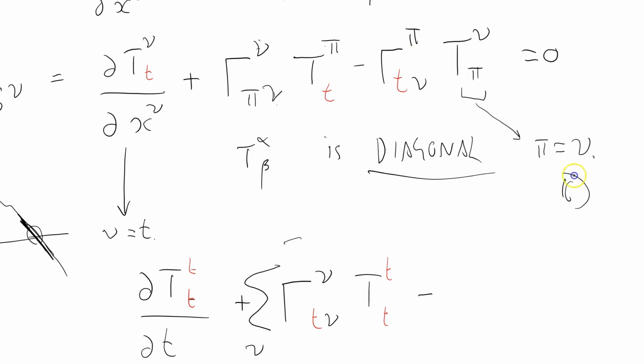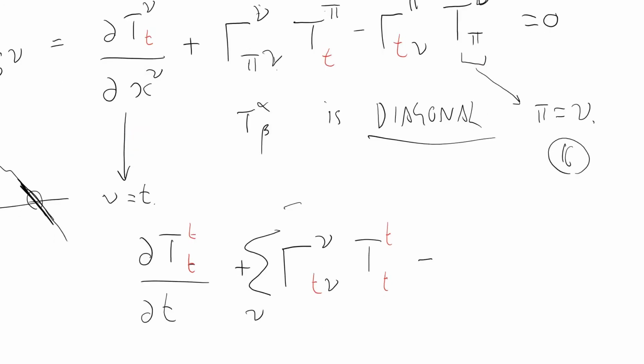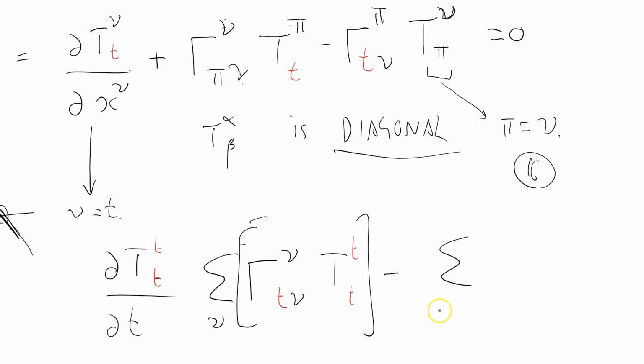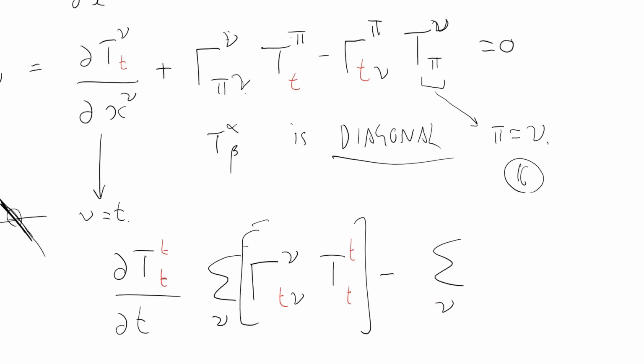I haven't got 16 separate terms because each one is 1, 2, 3, 4. I've only got 4 because I'm only interested in terms where nu equals pi. So I'm going to write my summations a bit more neatly. That's summed over nu is this one. And I've got minus sum over nu again, but it's an odd, well, you'll see, it's an odd term.